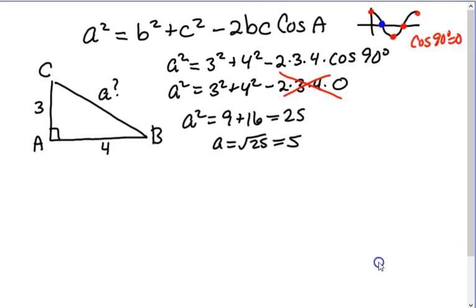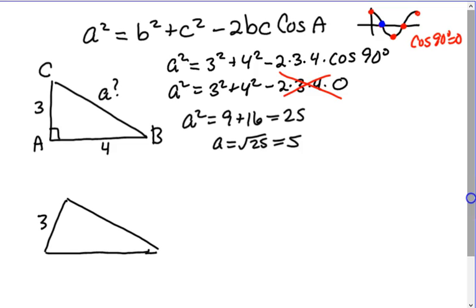So let's see what happens when that angle is not 90. So let me make this angle less than 90. We have the same length sides, so we'll say this is still 3, this is still 4, this is still a and b and c. I still want to find a, but now my angle is 80 degrees.